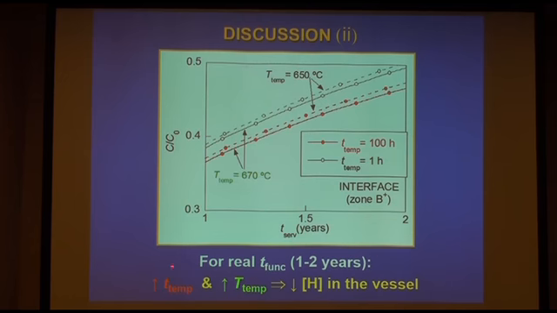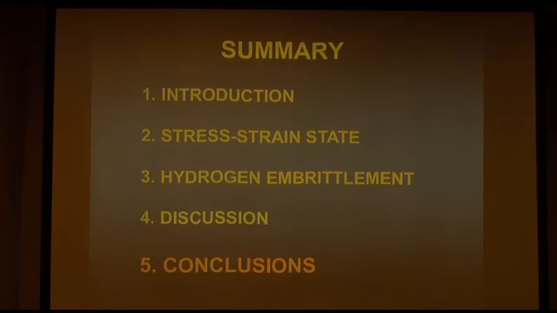An increase of tempering time, red color, produces lower concentration, better hydrogen embrittlement behavior, and an increase of tempering temperature to 670 degrees, green color, also produces, in this case, a smaller decrease of concentration. Then the best thing to do is to increase the tempering time in the heat treatment, and if you can, increase the tempering temperature, which is less important, because both actions produce a decrease in hydrogen concentration in the vessel.